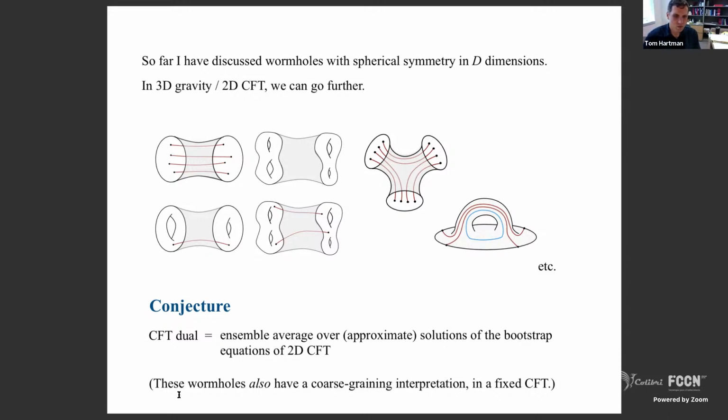Now, these wormholes in 3 dimensions also have a coarse graining interpretation, and that's interesting. It's just along the same lines of what I described in the first part of the talk, where you coarse grain a state in a fixed CFT. That can be done as well in 3 dimensions, but here I'm going to describe the ensemble averaging interpretation.